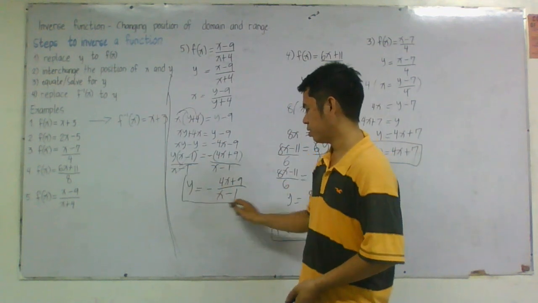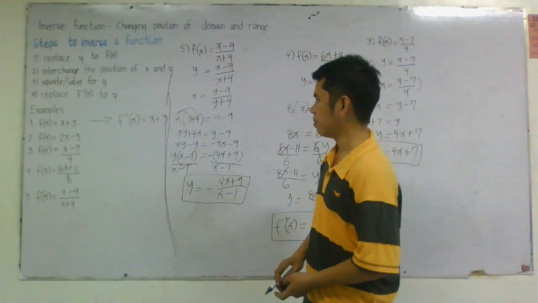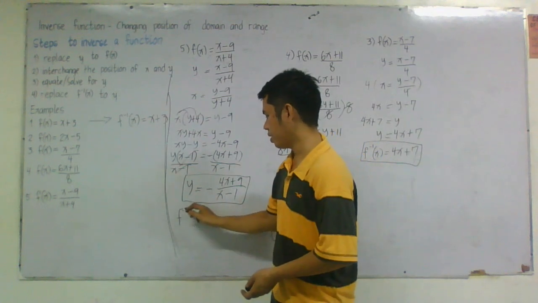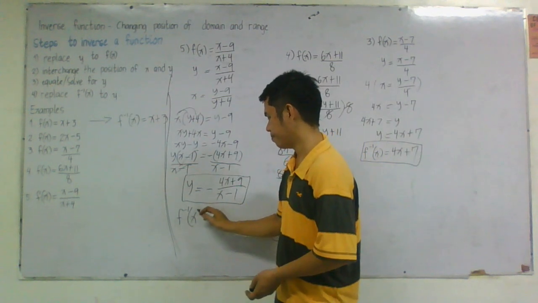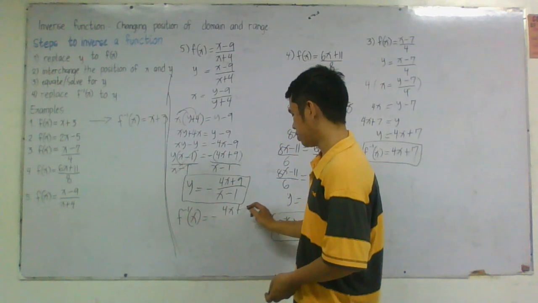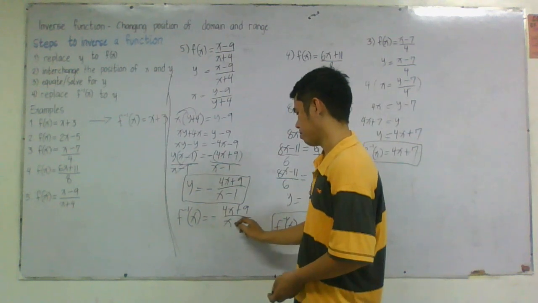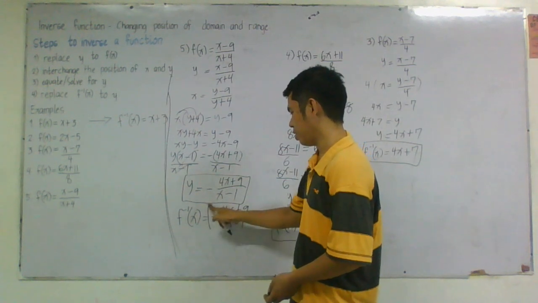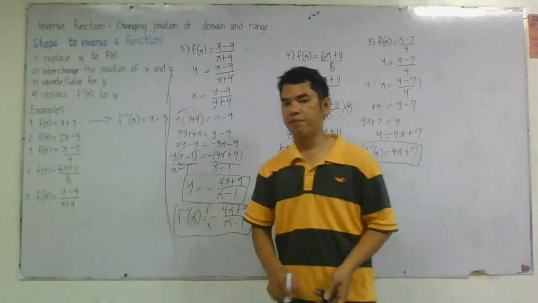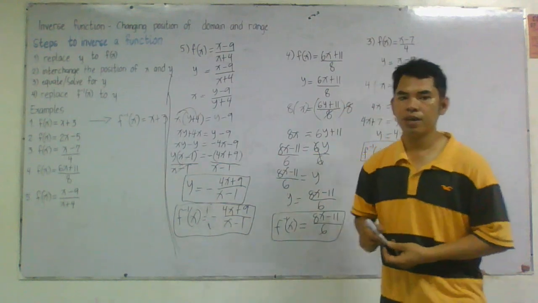And this is the inverse function. So we forgot to replace it: f raised to negative 1 of x is equal to negative 4x plus 9 over x minus 1. So this is the correct inverse of example number 5. Okay? And that's all.